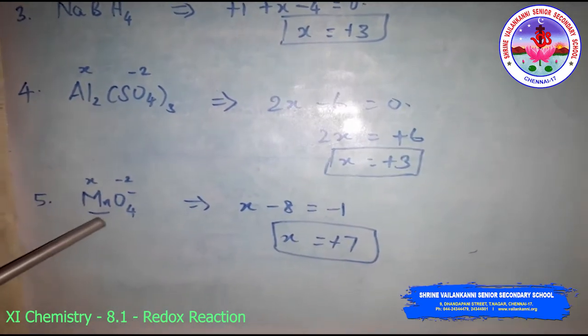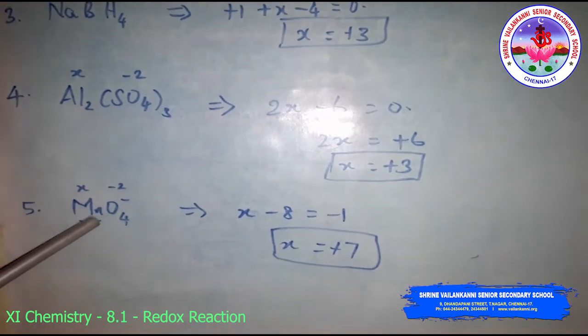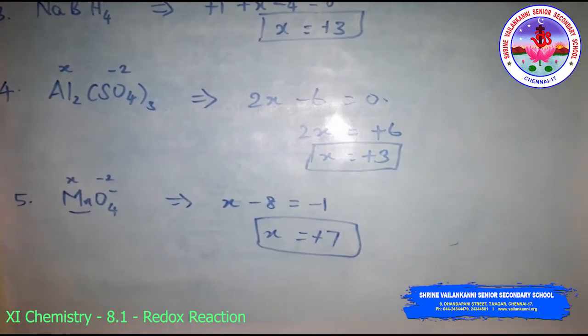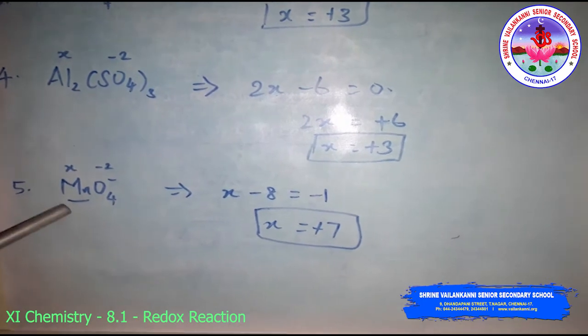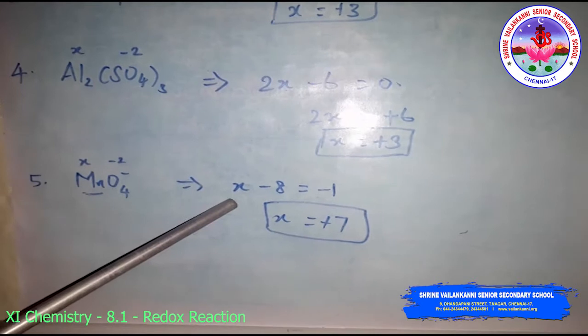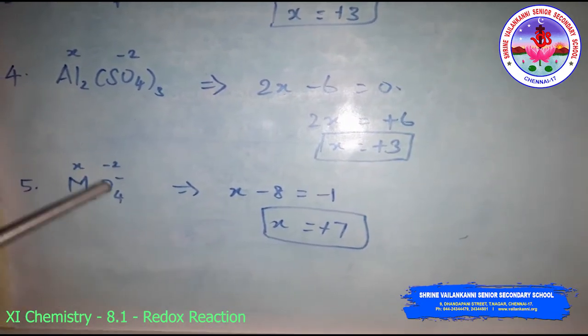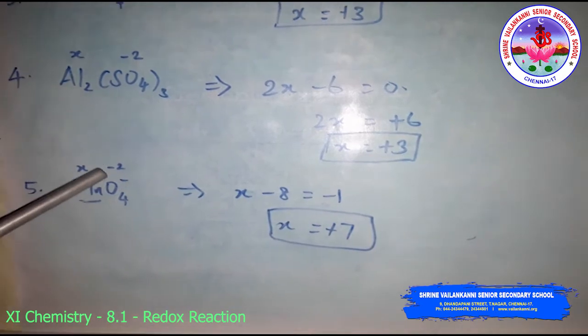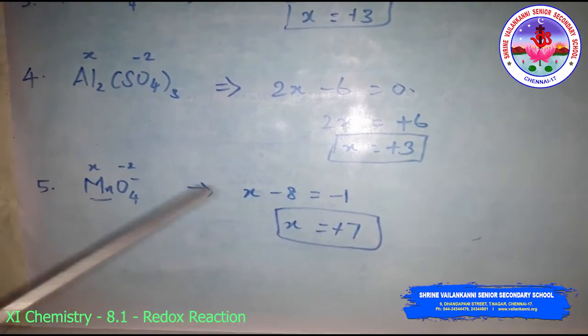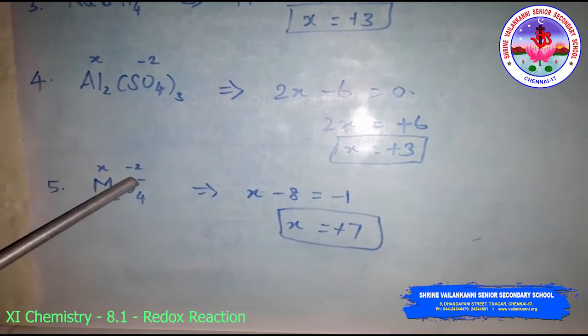Then permanganate, that is MnO4 minus. Here find the oxidation state of manganese. So put x, and O4 is -2, so -2 into 4 is -8. Here you have to note the charge. Here the charge is given, -1.